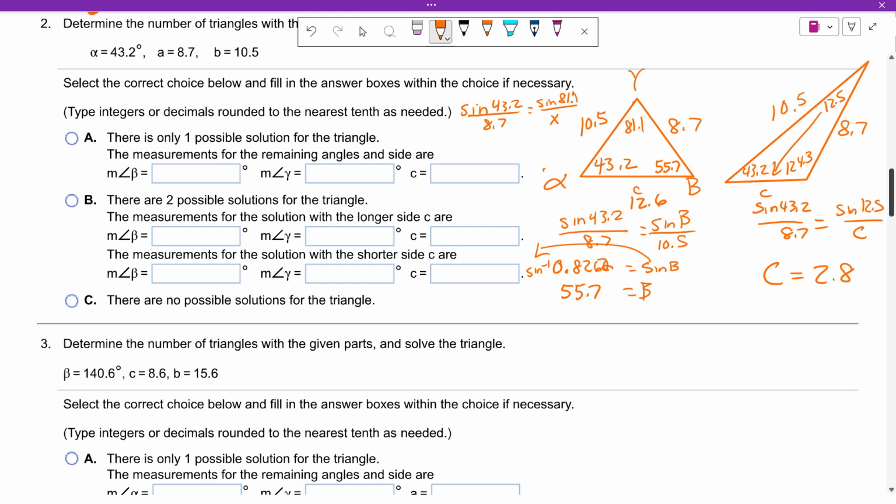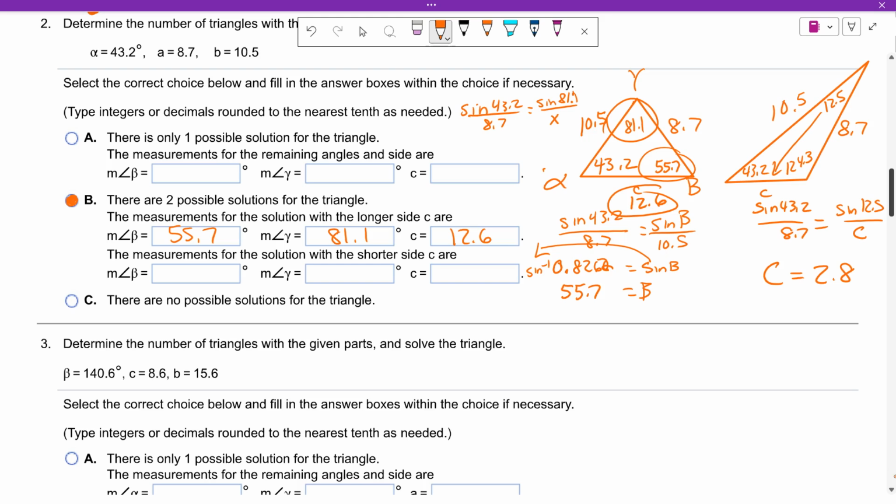Because there's two triangles here, your first row of answer blanks will be the acute triangle. Okay? So angle B was 55.7. Angle gamma was 81.1. And side C was 12.6.